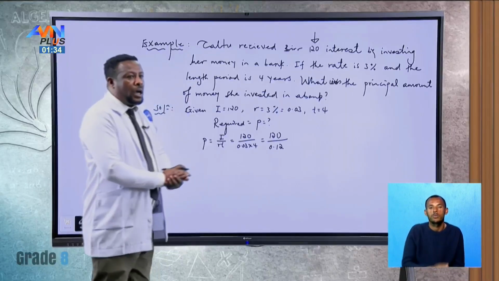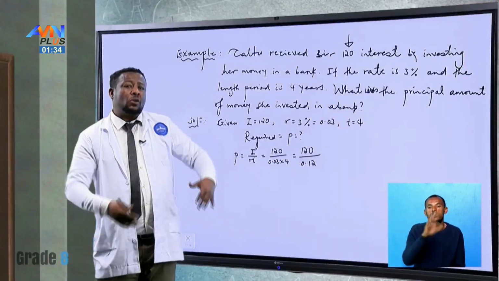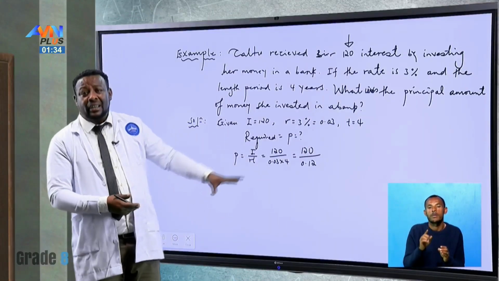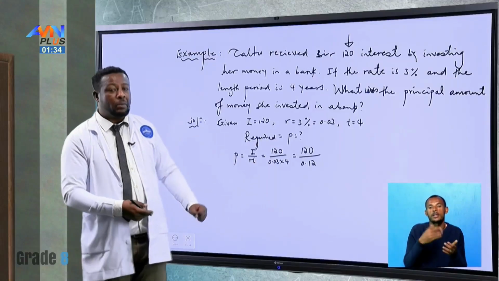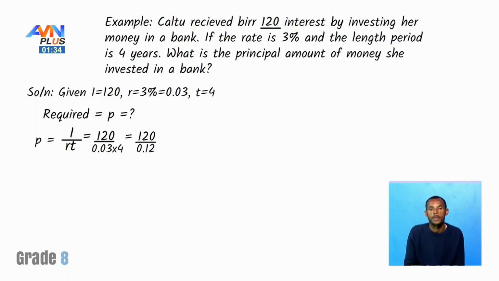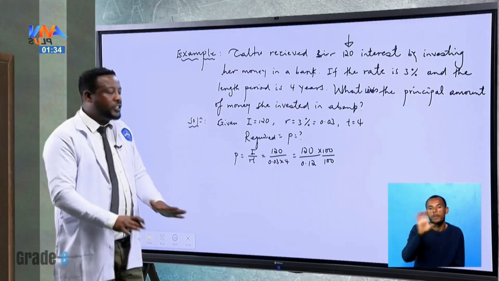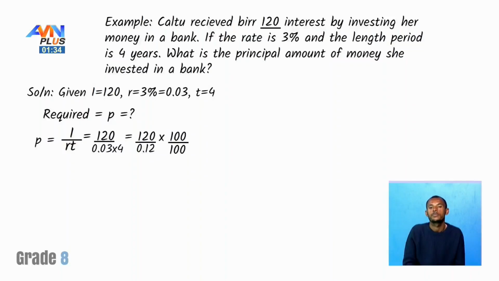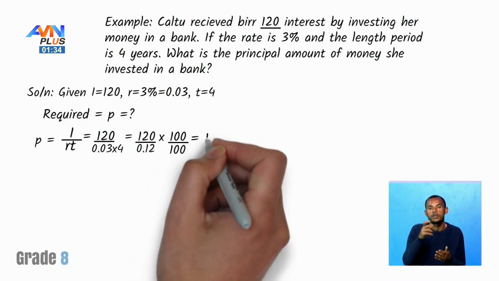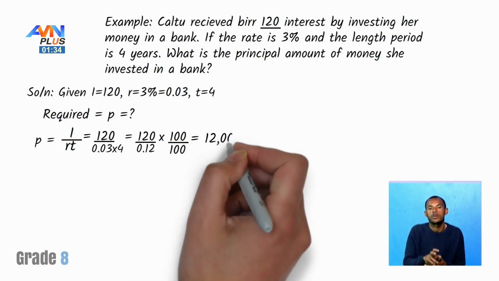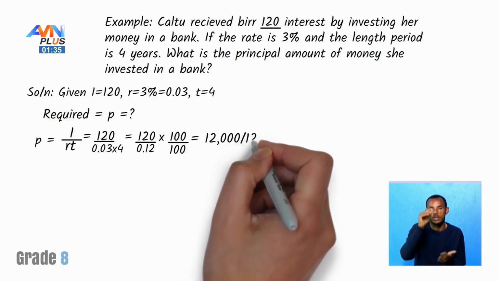Okay, you can use your calculator, or you can be very technical in simplifying this kind of numbers. Multiply both the numerator and the denominator by the same number. This will not change its result. So this becomes 12,000 over 12.